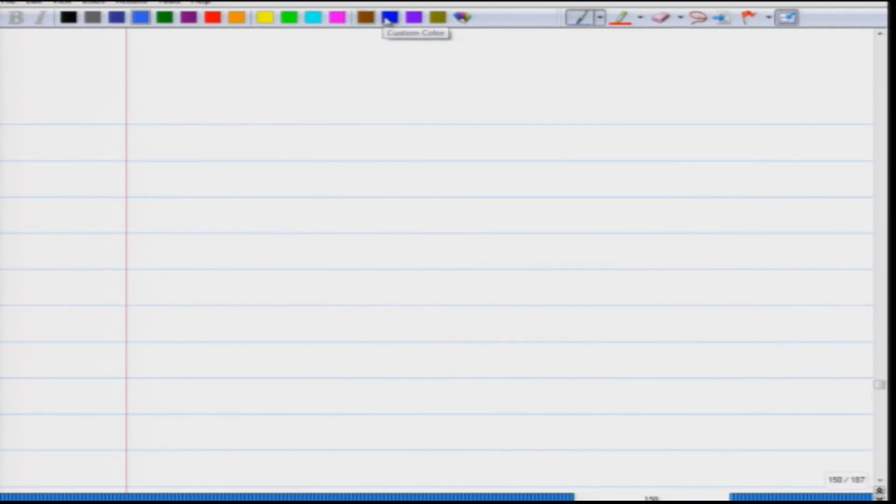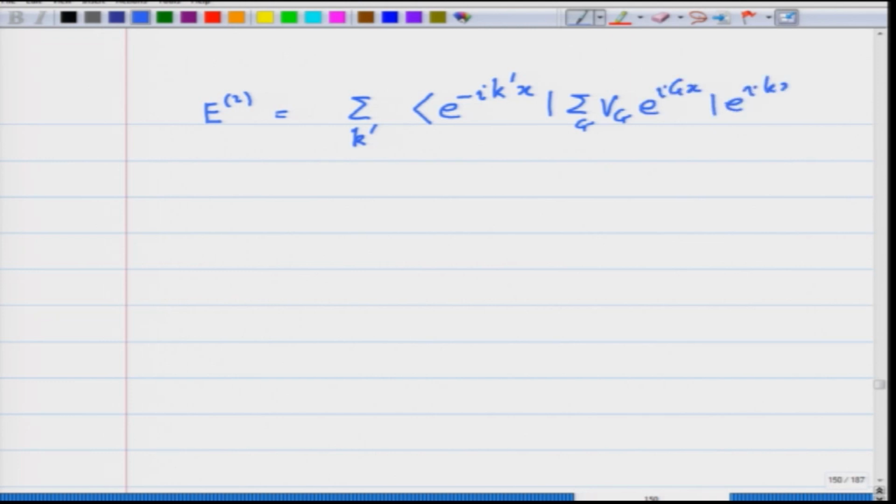So, I am writing the second order change in the energy as E 2 equal to the summation over k prime of mod square of e raised to minus i k prime x, summation over g of V g e raised to i g x, e raised to i k x, divided by E k minus E k prime, which I can write in the form of the integral. So, let me write that now.